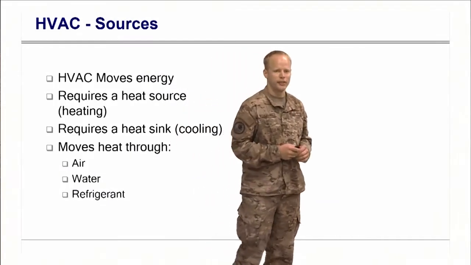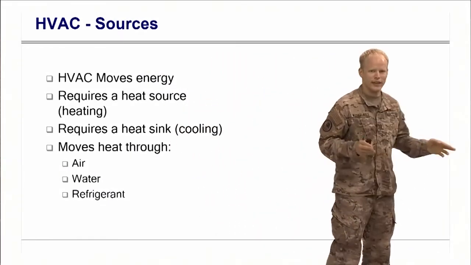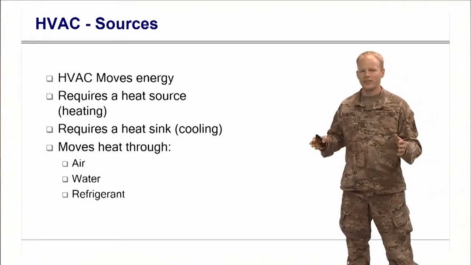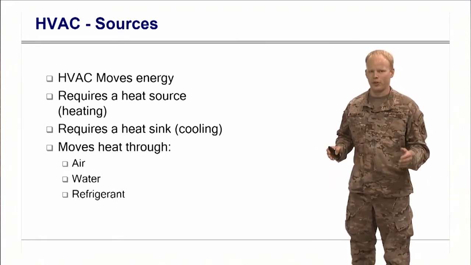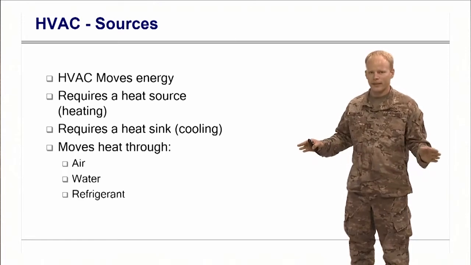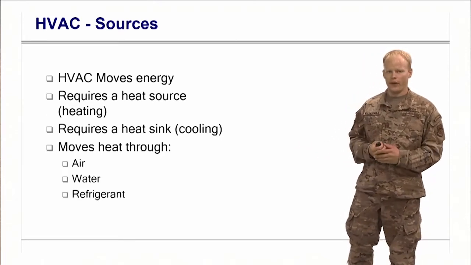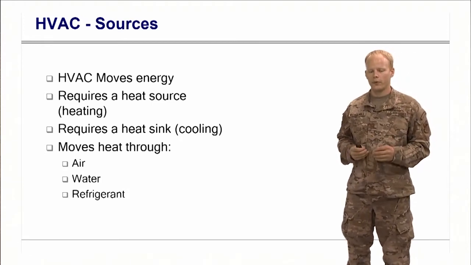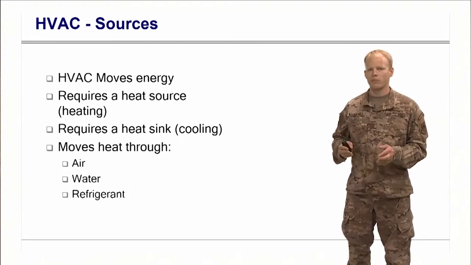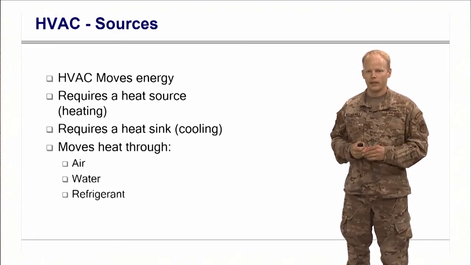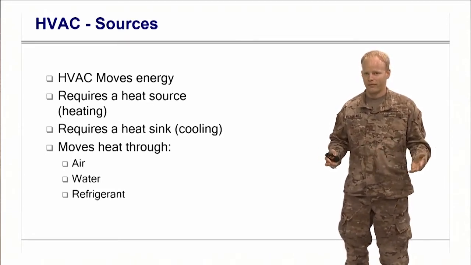So our sources. The whole thing about HVAC is actually very simple in intent. It gets a little complicated, but it's very simple. All we're doing is moving thermal energy. That's it. So in order to do this, we need some kind of heat source. In the winter, it's cold outside. Energy moves from a hot environment to a cold environment. It's like gravity.